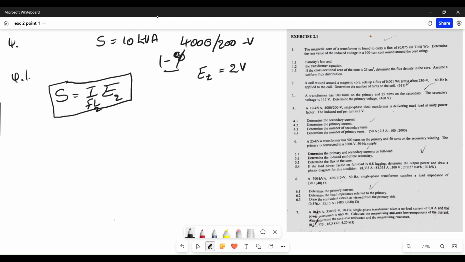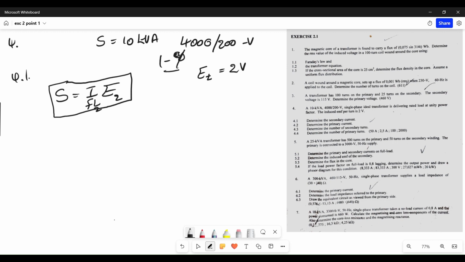The current depends on what we are dealing with. If we are dealing with full load current, I will write I full load. If I'm in another kind of question dealing with fault currents, I can use the same equation and put I fault. In this case it's the secondary current.